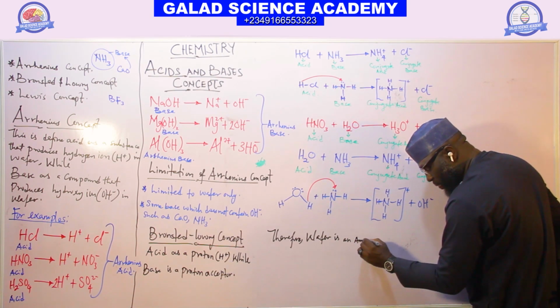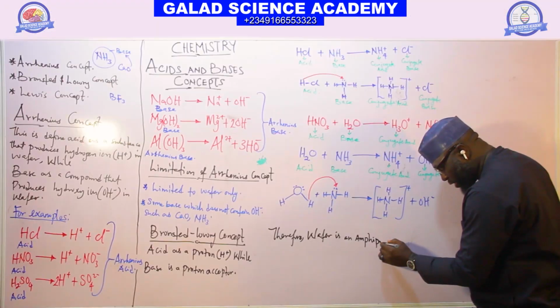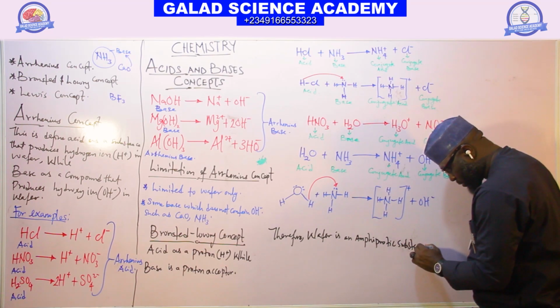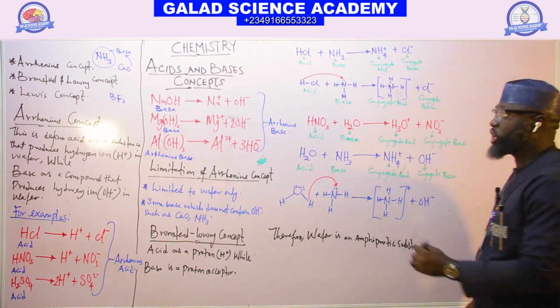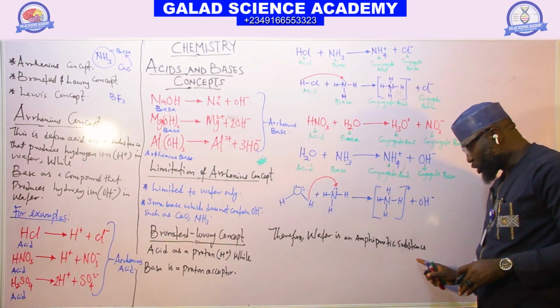amphiprotic substance. Notice, if it is a base, we call it an amphoteric base, but we call it an amphiprotic substance.